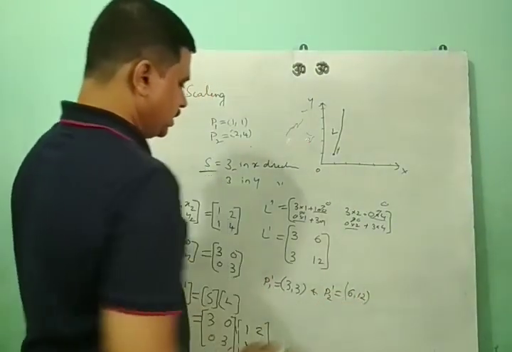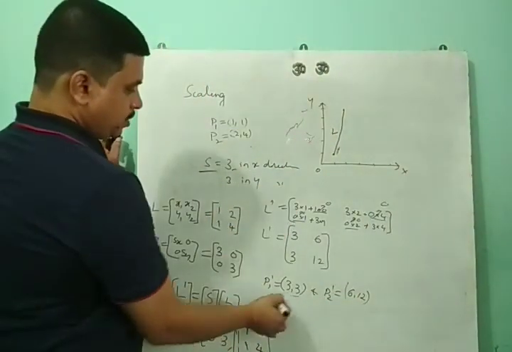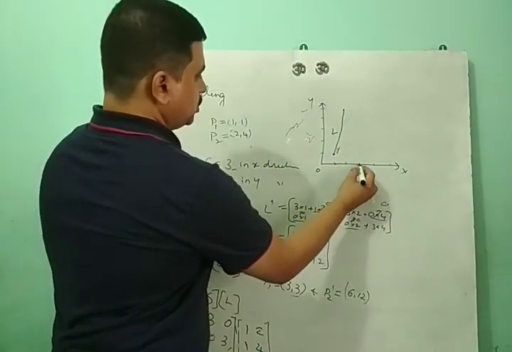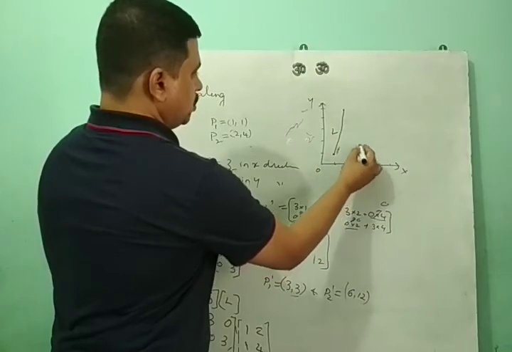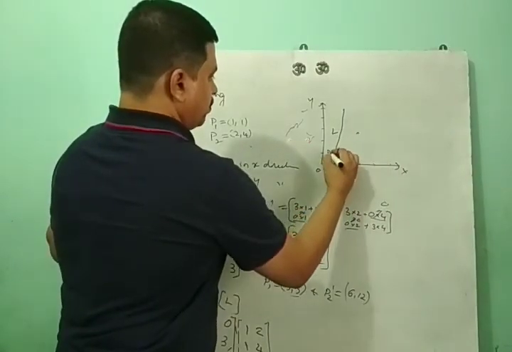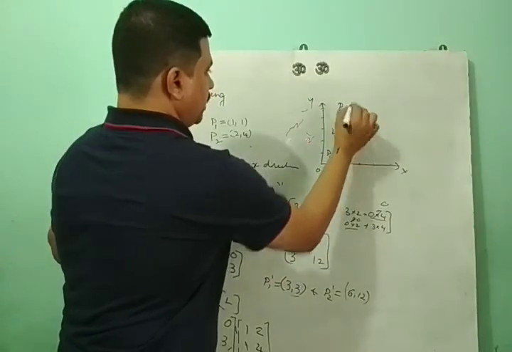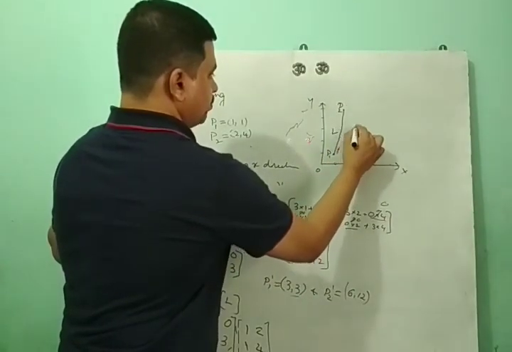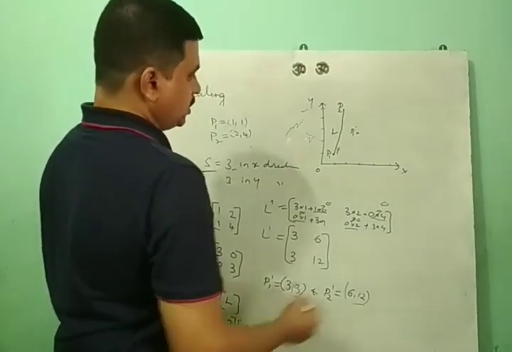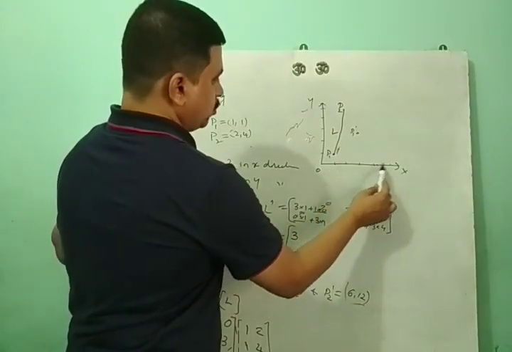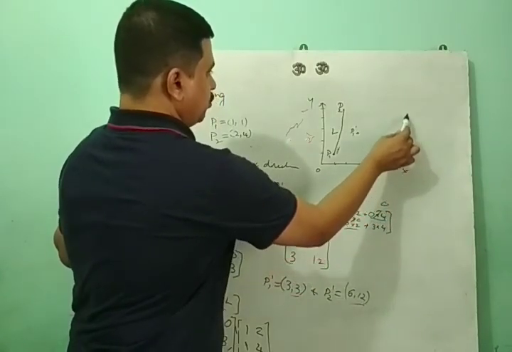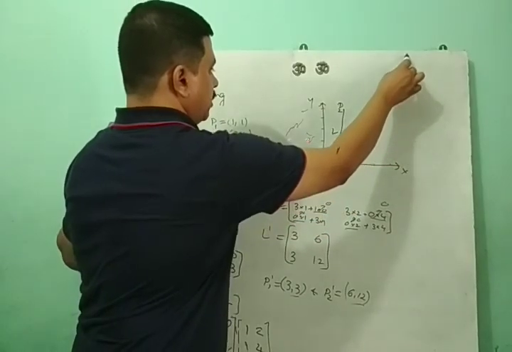So if you represent that in a line, the first point is 3 comma 3: 1 2 3, 1 2 3. So this is P1 dash, and P2 dash is 6, 12: 1 2 3 4 5 6, then 12: 1 2 3 4 5 6 7 8 9 10 11 12.